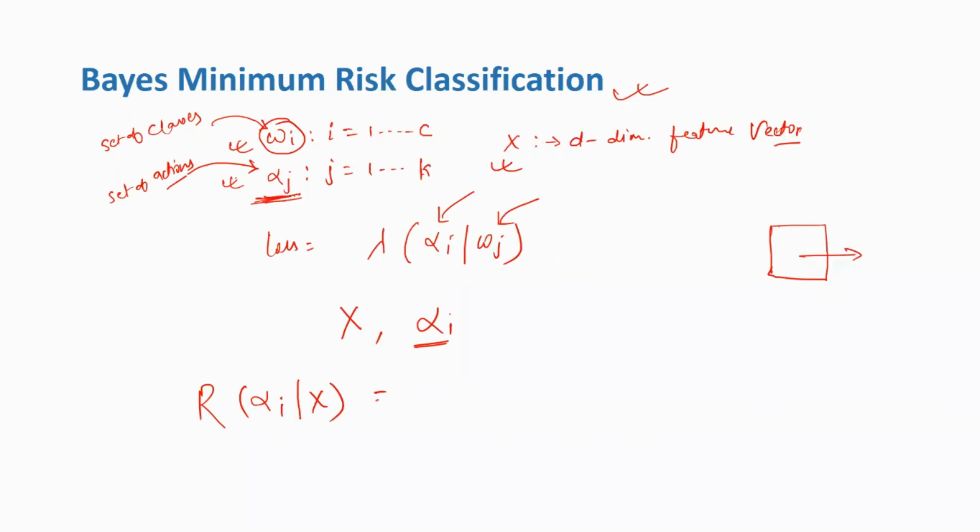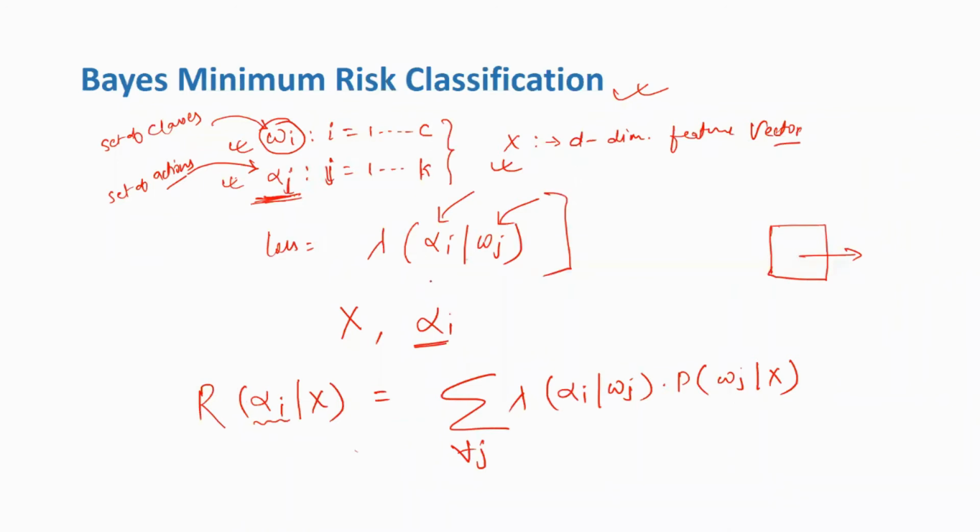This risk is given by lambda of alpha i given omega j, multiplied by the probability of omega j given x, for all values of j. We are trying to find the risk while taking action alpha i in classifying x.